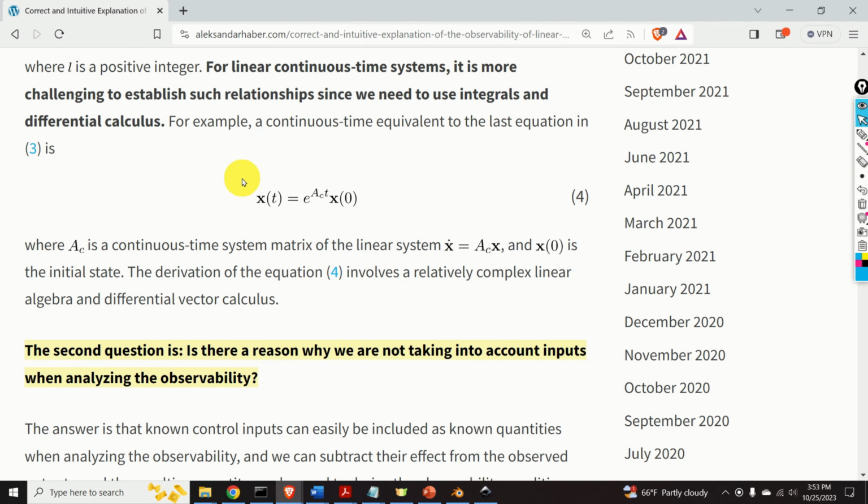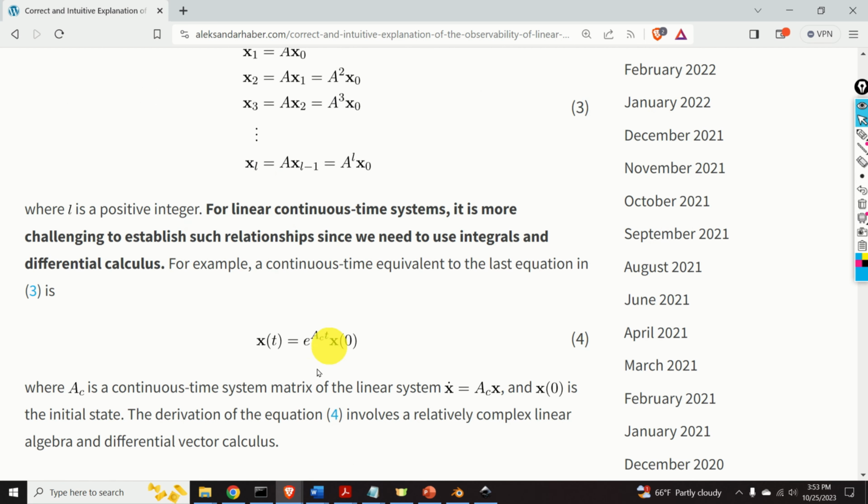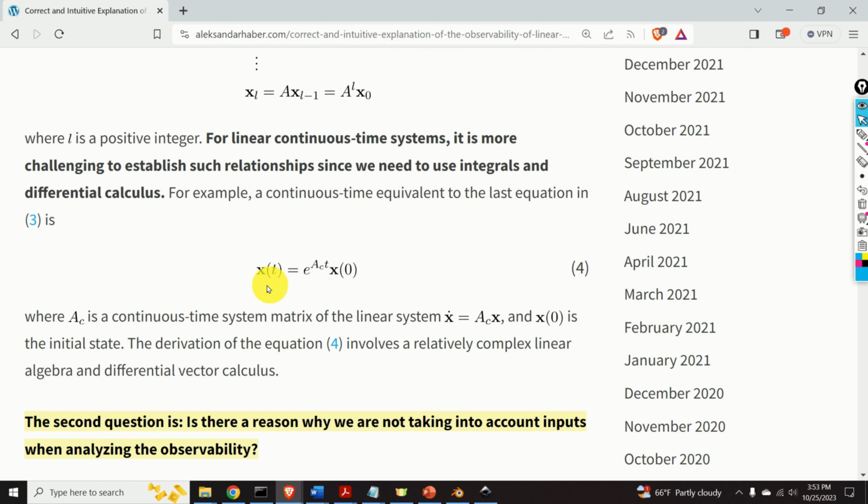On the other hand, for linear continuous time systems, it's more challenging to establish such relationships since we need to use integrals and differential calculus. For example, a continuous time equivalent of this equation is this equation. The state at continuous time instant t is e to the power Ac times t multiplying x of 0, where x of 0 is the initial state.